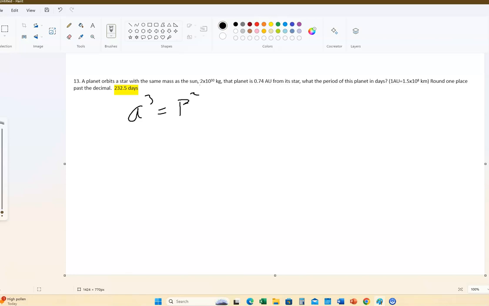So the proper units of a are called astronomical units, and the proper units of the period are years. This planet is 0.74 AU from its star.